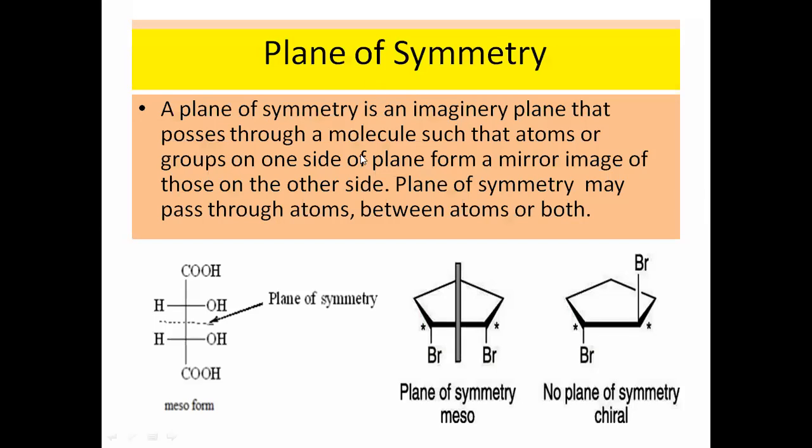See, plane of symmetry. If we take the example of this tartaric acid, it is a meso form, that is, a plane of symmetry is present. So what is the plane of symmetry? It is an imaginary plane that passes through a molecule such that atoms or groups on one side of the plane form a mirror image of those on the other side. Here is the example, tartaric acid.